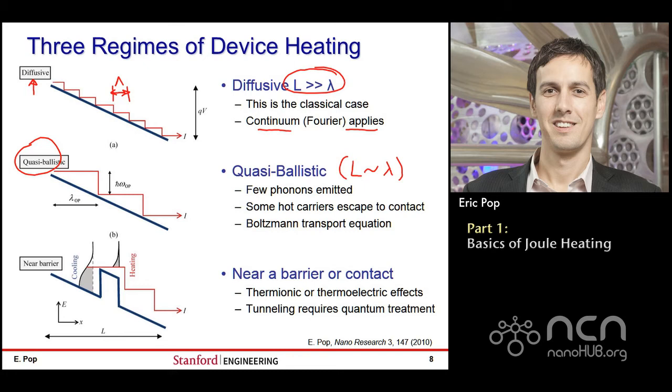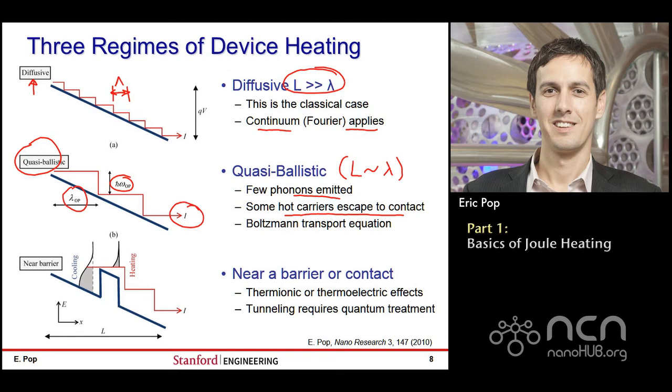What is shown over here is the mean free path for optical phonon scattering. This is the energy required to emit an optical phonon in this particular case. And for the way this device is drawn, there are only 2 or 3 scattering events inside the channel, so only a couple of phonons are being emitted. And some of the hot carriers can still escape to the contact, therefore heating up the contact.